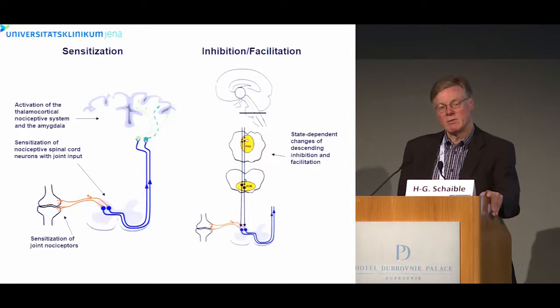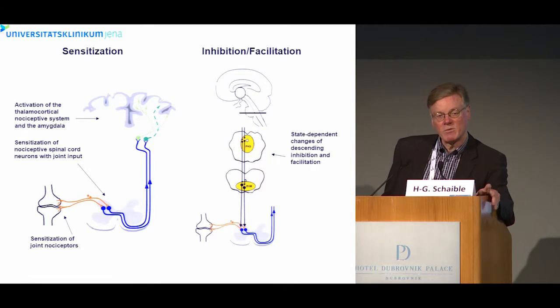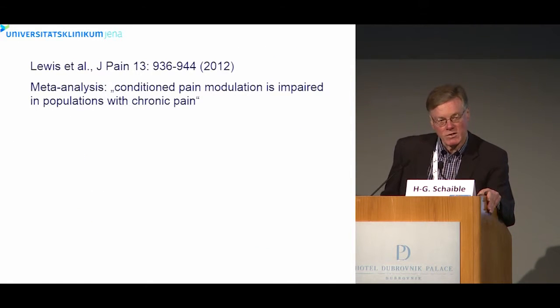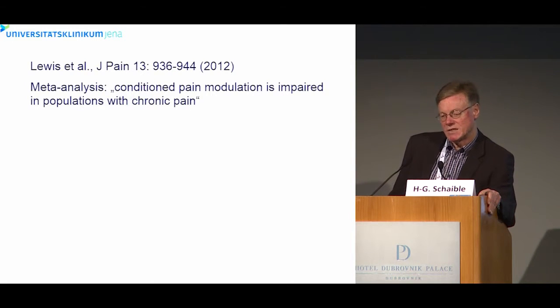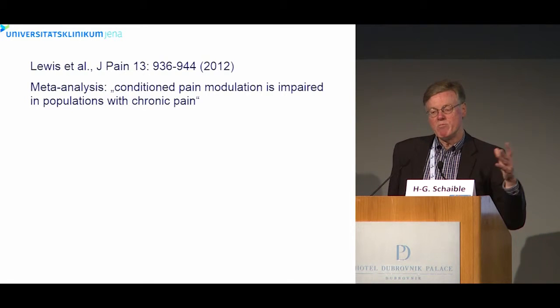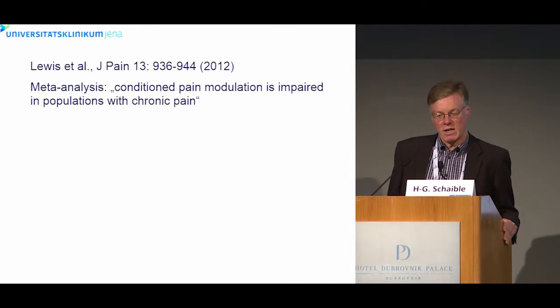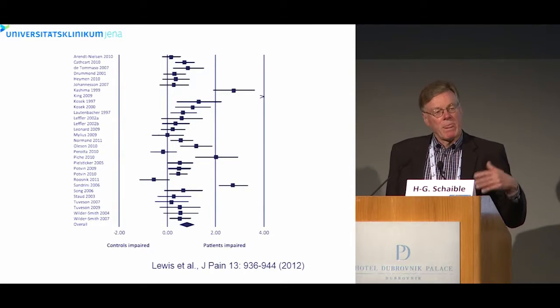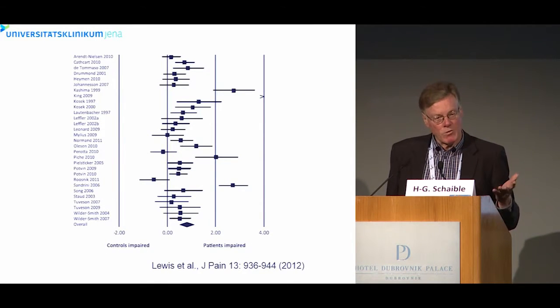They showed it already in a paper in 2000, that obviously the patients with chronic pain diseases have a reduction of these inhibitory mechanisms. And this has also been shown in many pain states now in the meantime. This is a meta-analysis of conditioned pain modulation, that it's impaired in populations with chronic pain. And these are the results. They are very clear. So it seems to be a typical mechanism of chronic pain.